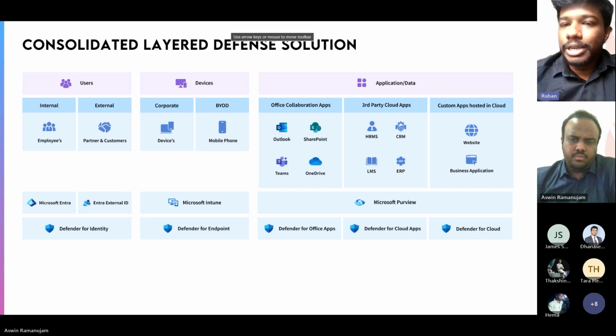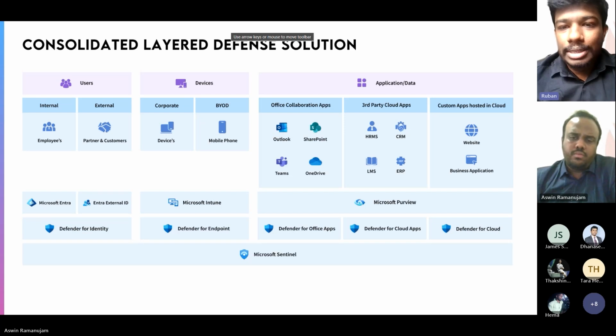For data and applications, and data loss scenarios, we have Defender for Office apps, Defender for Cloud Apps, and Defender for Cloud to protect the infrastructure and network level security.